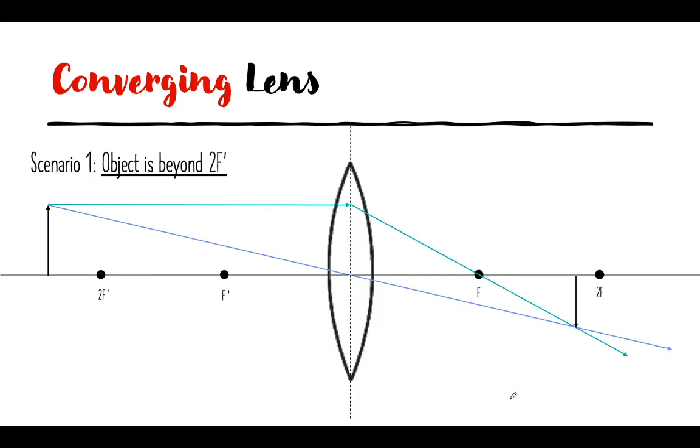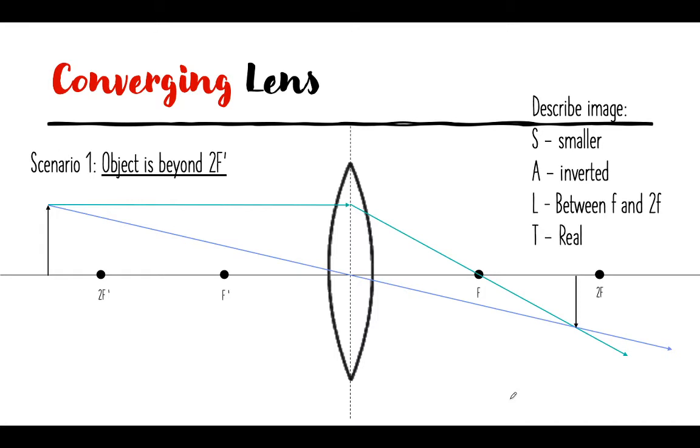Now I'm going to use SALT to describe it. So if we're talking about size, this image is smaller. Attitude, it's inverted. Location, because I've got reference points F and 2F, I can say that it's between F and 2F. And type, just like we did in our ray diagrams, where light meets or where those two lines come together, if an image is formed there, we know that it's a real image.